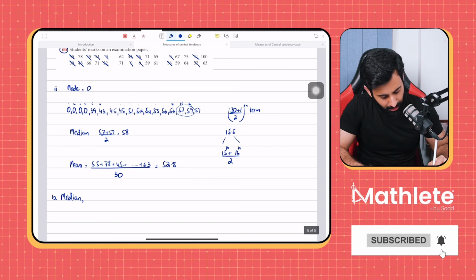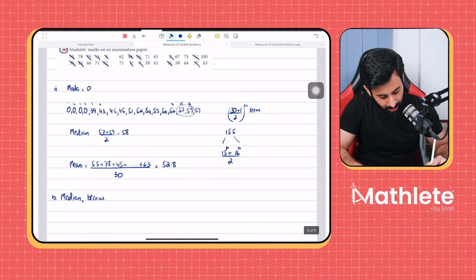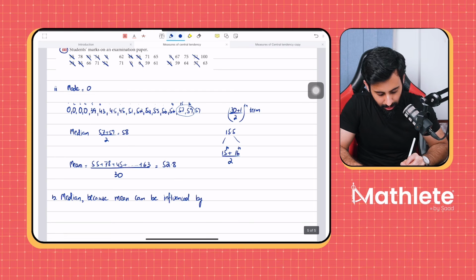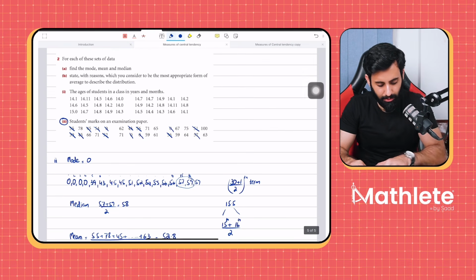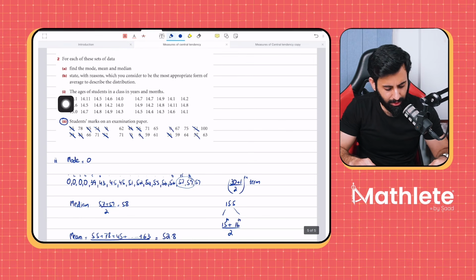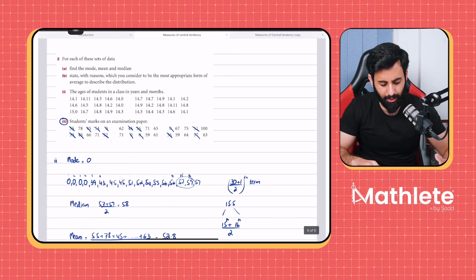Median, because mean can be influenced by extreme values. Okay. Now, what about the first part? I don't want you to calculate the mean, median, and mode for the first part. But I want you to answer part B for the first part, where you have ages.